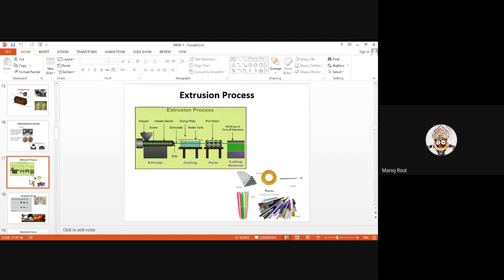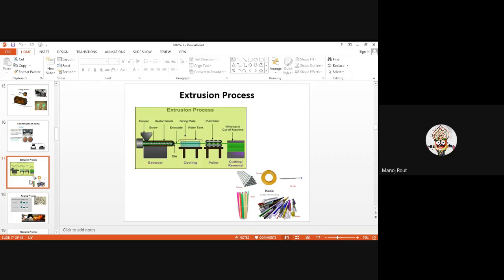The molten or semi-fluid material is pushed by a screw past the heater bands and extruded through a particular shape and size, known as the sizing plate. After the sizing plate there are pull rollers, and finally it is wound off or cut off by the machine. Under this figure you see examples: cables, PVC pipes, and even pen refills and pen casings are made through the extrusion process.